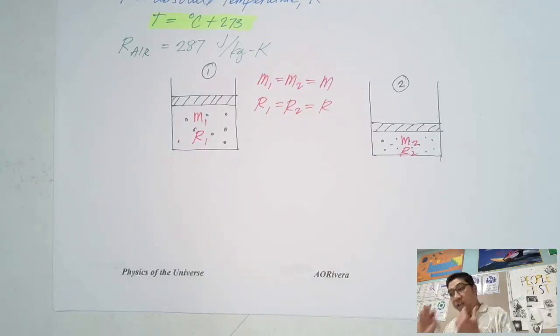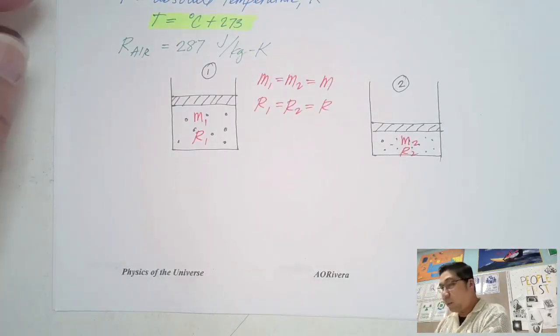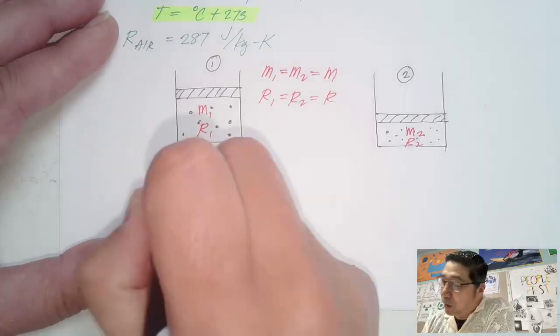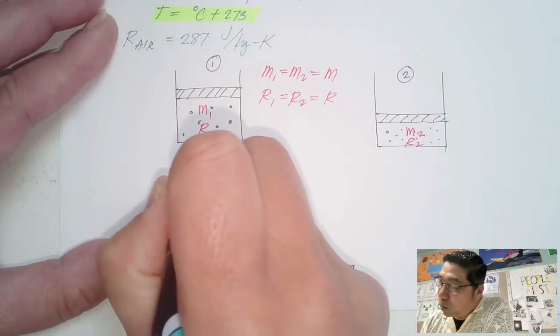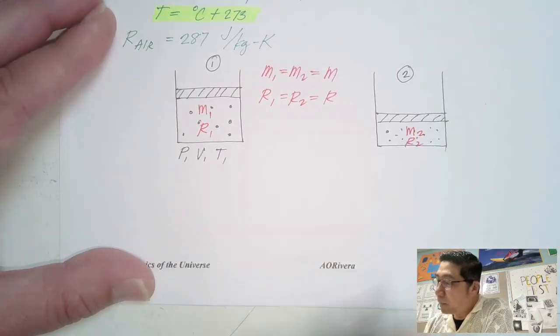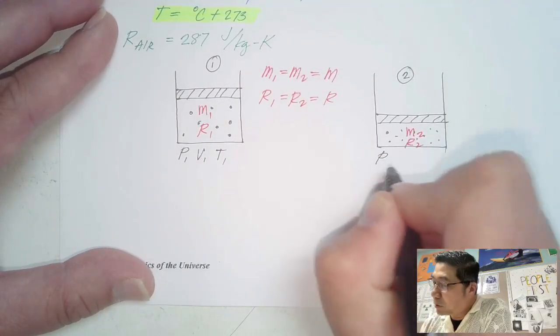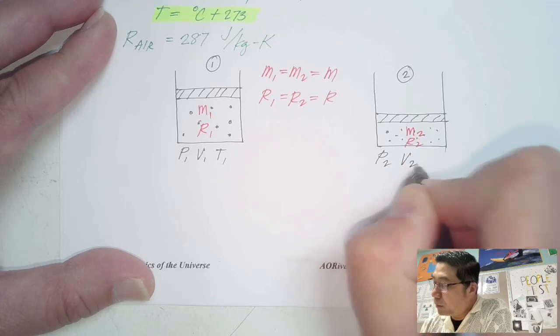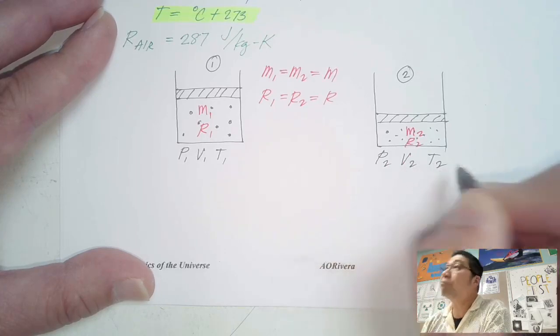Now, it's going to be different when we talk about pressure, isn't it? What do you know about pressure 1, volume 1, and temperature 1, compared to pressure 2, volume 2, and temperature 2?